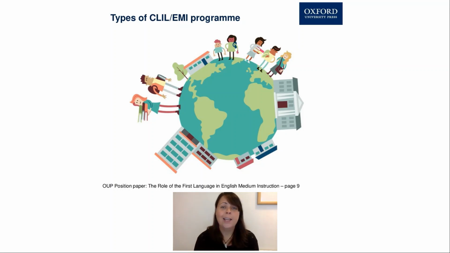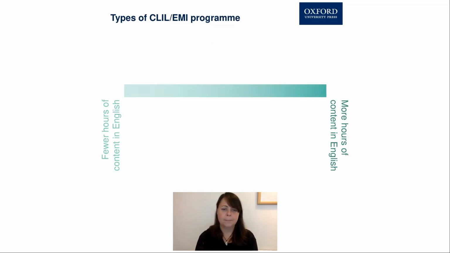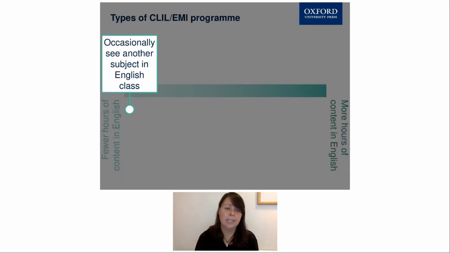And this is what this picture is illustrating, the wide range of contexts in which CLIL and EMI programs can occur. We're going to look at some models of these on a climb, starting with fewer hours of content in English, moving to more hours of content in English.